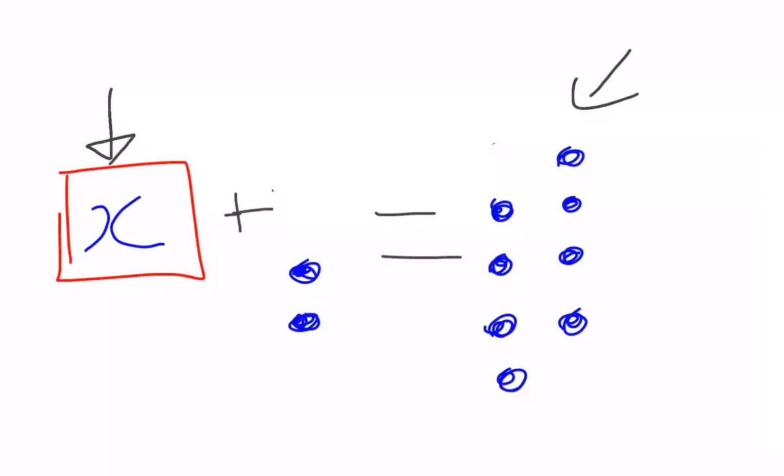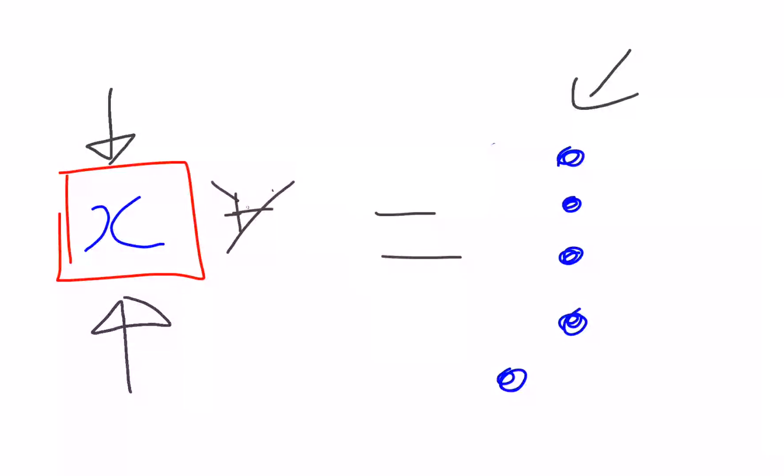As long as I do the same thing to both sides, it remains equal, it remains true, until I get to the point where I can't get rid of anything else from this side, and I'm just left with x plus nothing goes away, and I can see that the equation now tells me what x equals.